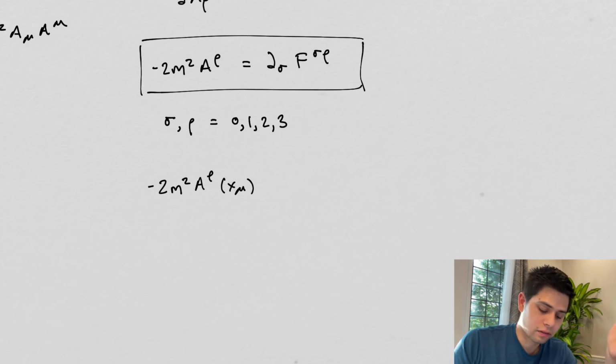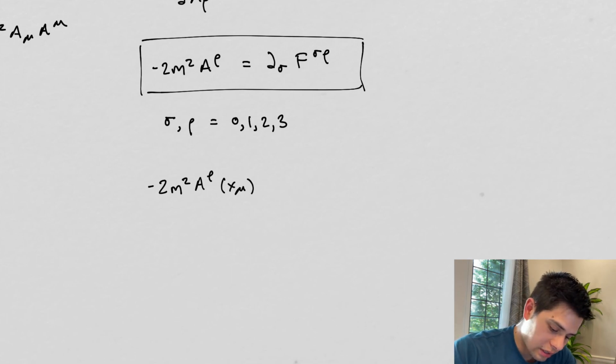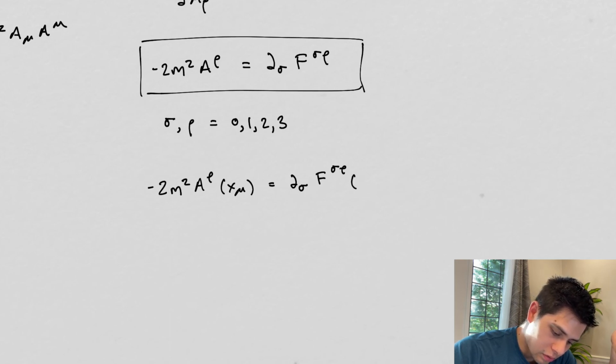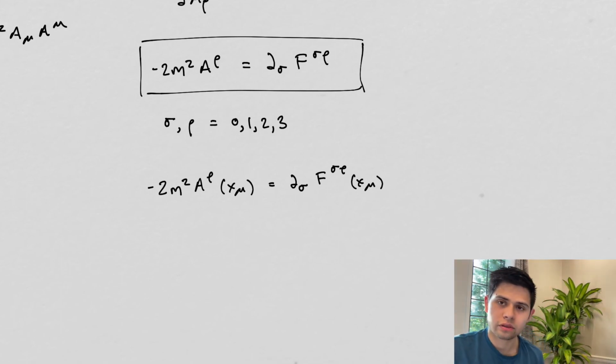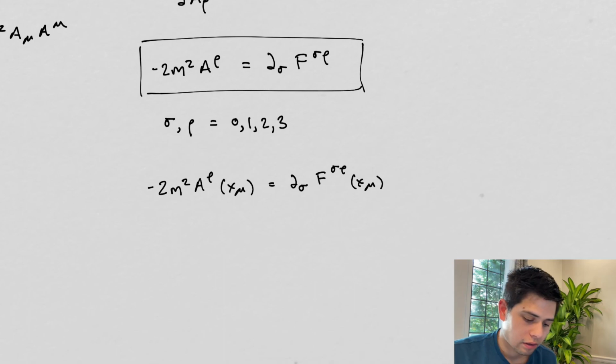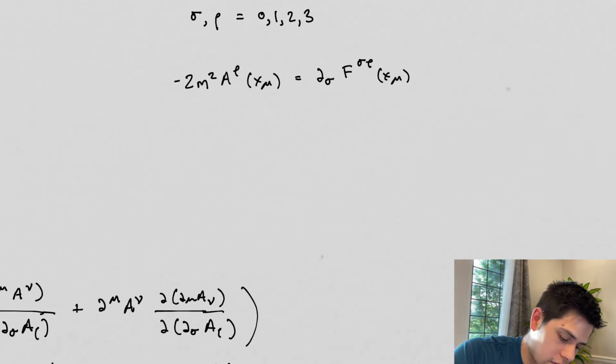But this is a field, right? Similarly, this is a field. So this is really what it looks like. What this seems to suggest is we can write this out more explicitly.